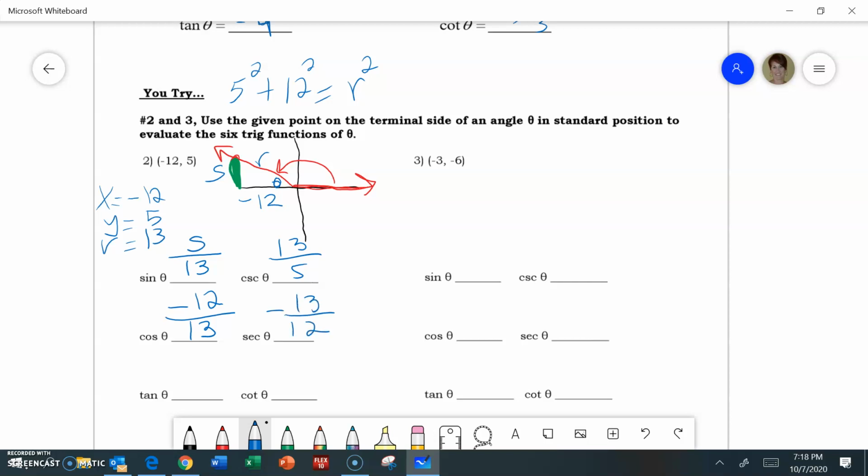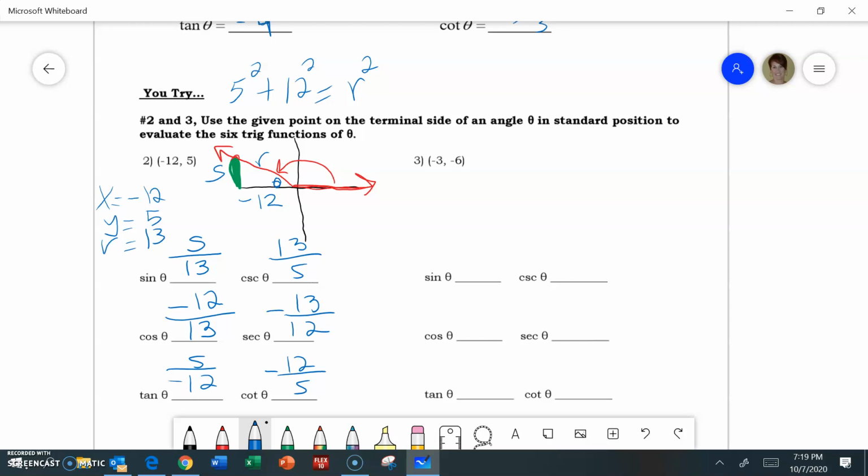And then the tangent would be that opposite over adjacent, which in our minds would be the y-coordinate over the x-coordinate, and then we have the reciprocal. So if you notice, our sine and cosecant ratios are positive, but the other 4 are negative, and that's going to mean something in a minute. So I just want to kind of plant that seed in your head.